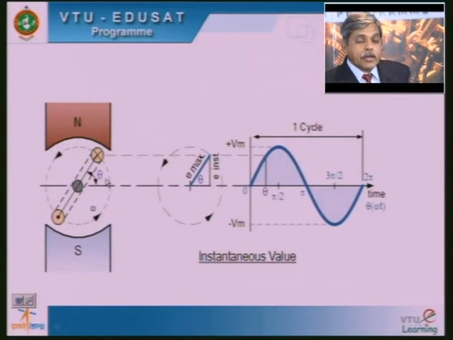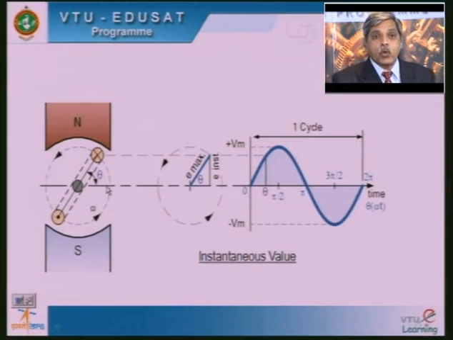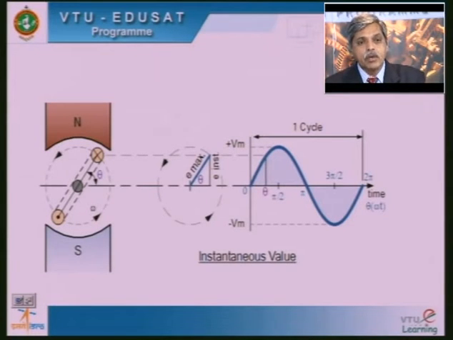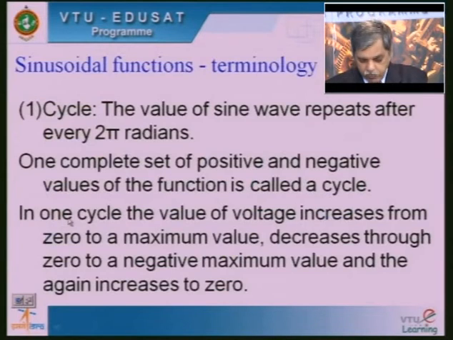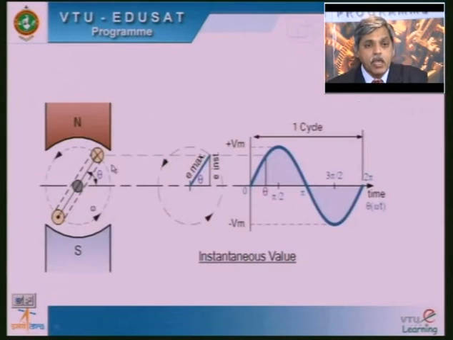If you apply Fleming's right hand rule to get the direction of the induced EMF in the conductor, as per the rule, the conductor moving under the north pole has EMF into the conductor, and the conductor moving under the south pole has EMF outward. The outward direction is represented by the tip of the arrow, and the inward direction is represented by the cross, that is the tail of the arrow.